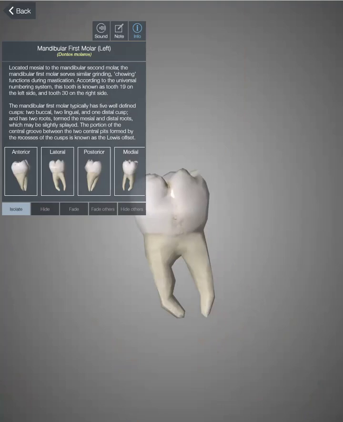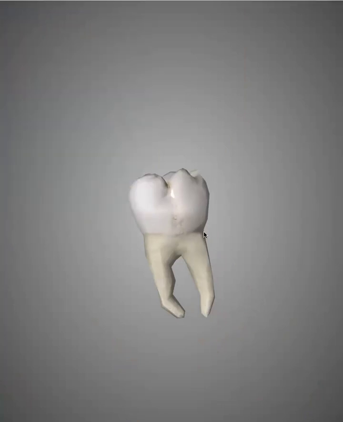Now there is a layer called the dentine. It lies below the cementum and the enamel. Dentine.